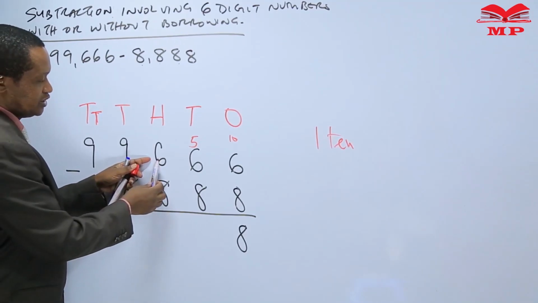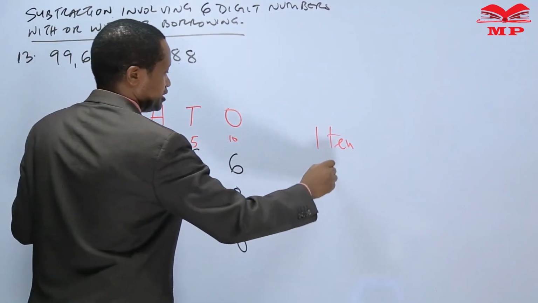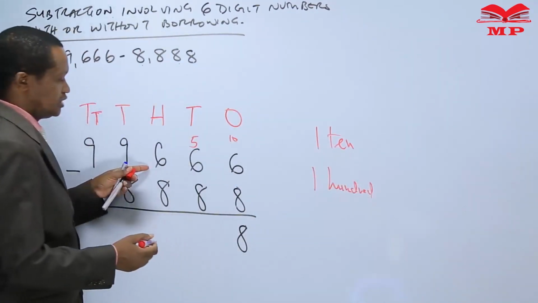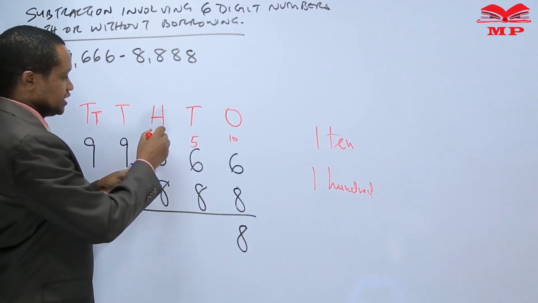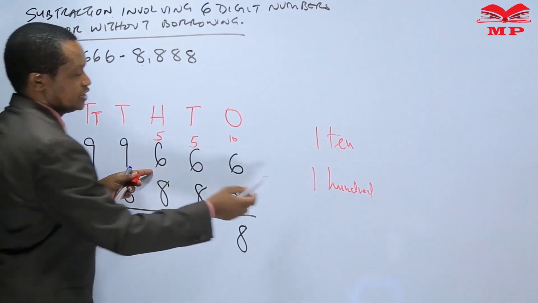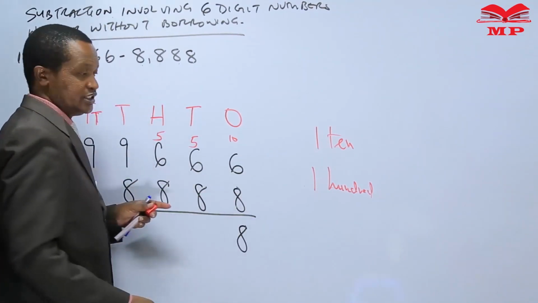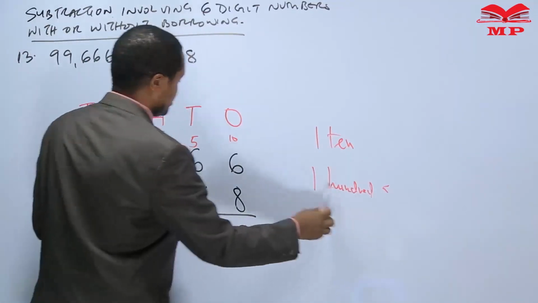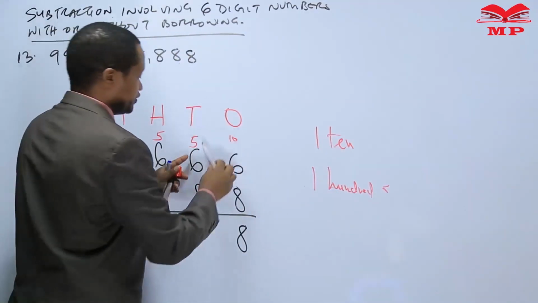This 100 will be borrowed, leaving 500. Now we need to move this 100 to the place value of tens.